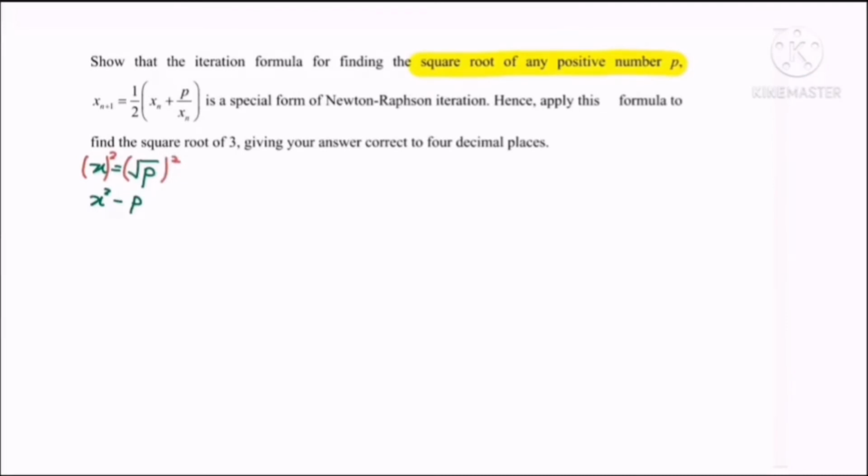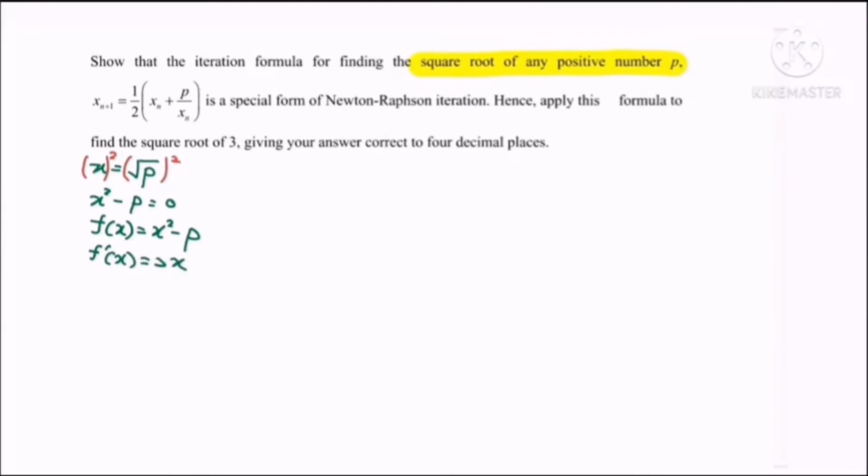Next, rearrange the situation, and we will have fx is equals to x squared minus p. Second step is to find the first derivative, where we have f prime x is equals to 2x.